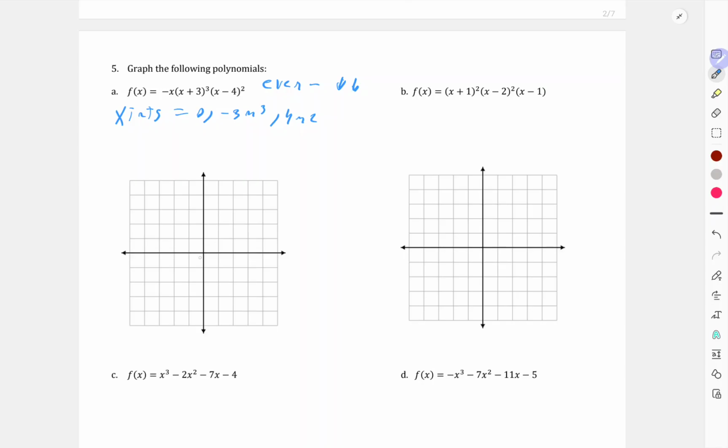So what you're going to do is put your x-intercepts down. So you have negative 3, and then you go 1, 2, 3, 4. And essentially you're just going to trace the points. Let me find the y-intercept. 0, 0, 3, 0.